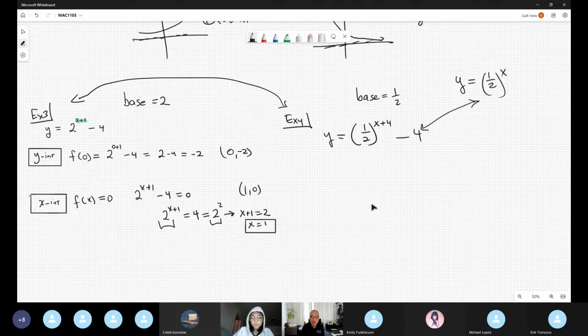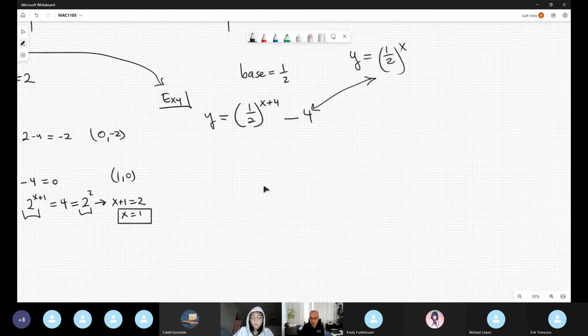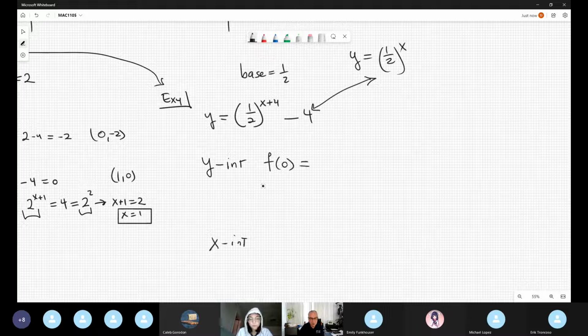Likewise, you determine the specific important points, the y-intercept and the x-intercept. To find the y-intercept, remember you set x equals 0. It's a formula, no? So it is equivalent to say 1/2 raised to the 0 plus 4, minus 4.